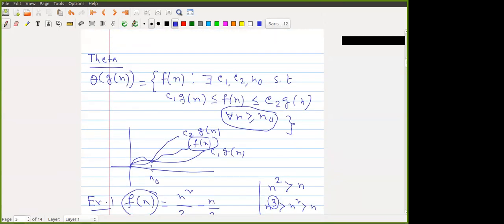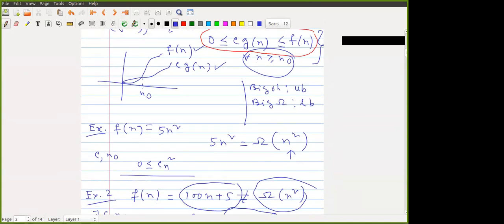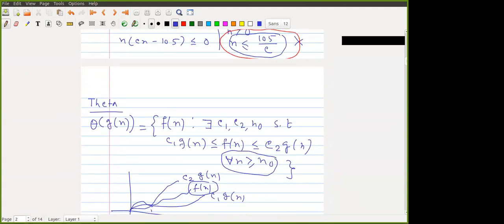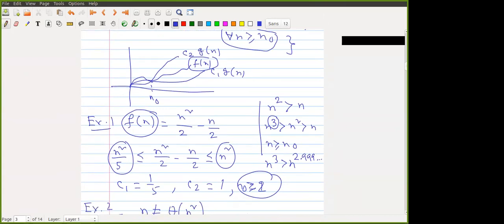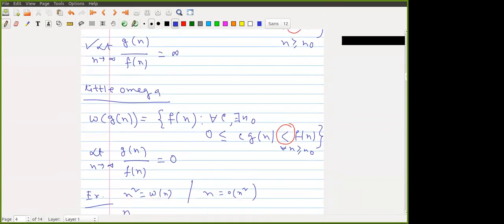So roughly big O gives you an upper bound of any function, big omega gives you a lower bound, and theta bounds this function between C1 g(n) and C2 g(n), two different functions, right? We also saw some slight variants like little o and little omega.